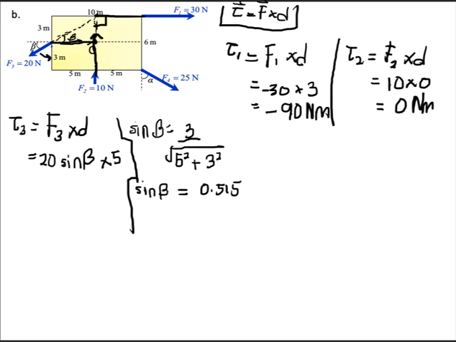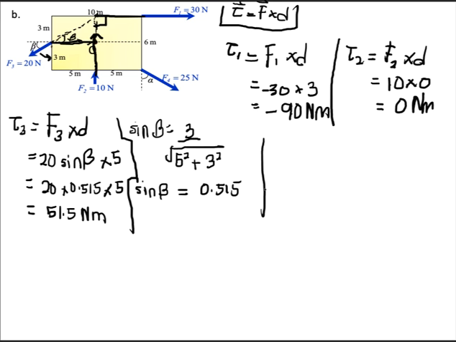That's why we are not making beta the subject, because this one asks for sine beta. So we can substitute 20 times 0.515 as our sine beta times 5. Press your calculator. You will obtain 51.5 Newton meter as the torque of force 3.